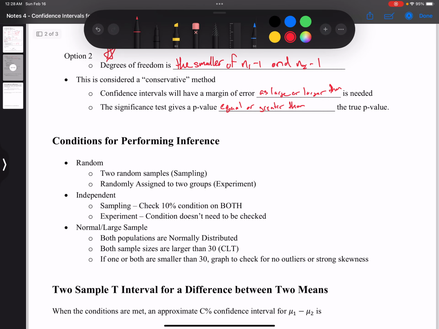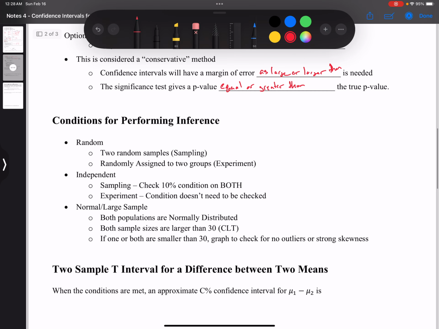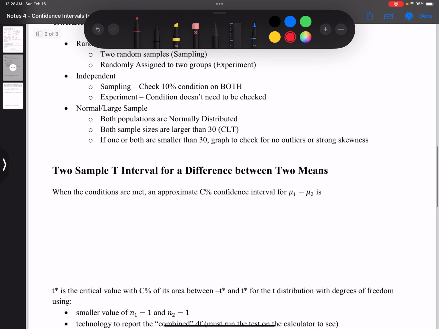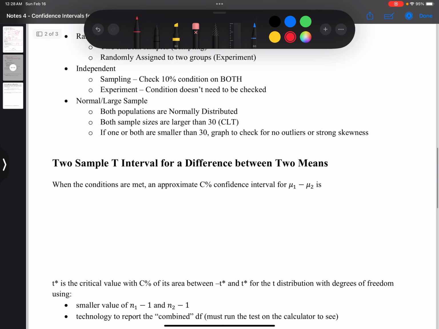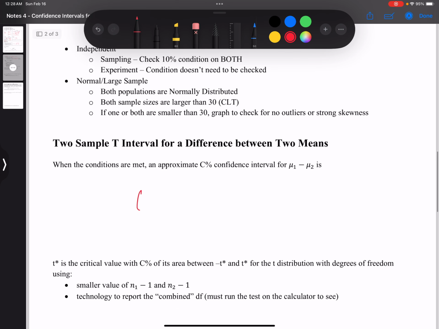We know how to check the conditions. We've done that 1,000 times, so it's there as a summary. When the conditions are met, we're going to have this formula, which looks somewhat familiar: x bar 1 minus x bar 2, plus or minus t star times the square root of s1 squared over n1 plus s2 squared over n2.